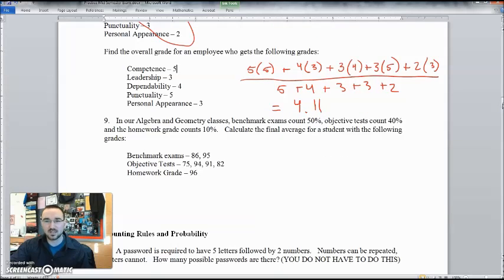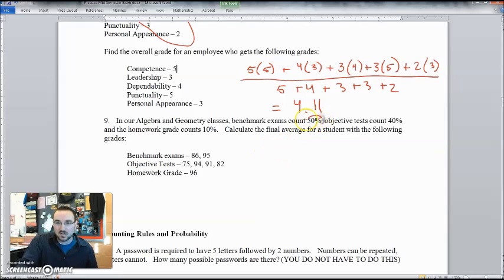On a different side of this, we're going to still do the same situation here. But this is actually our grading system for regular algebra and geometry courses, so this should be familiar to you. But what we're going to do is take weighted averages with percents out of 100. So we know that our benchmark exams are 50%, so we're going to talk about 0.5.